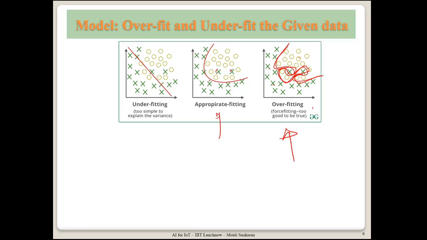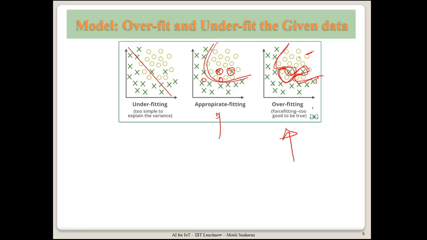Maybe one or two can be here, or maybe some circle could be here. It should more or less capture the behavior of this real life scenario, because if you do overfitting, this may be a noise outlier. We are overdoing it here, and actually some value which is supposed to be captured as this category, our model will not catch it. If some input is here, it will not catch it.